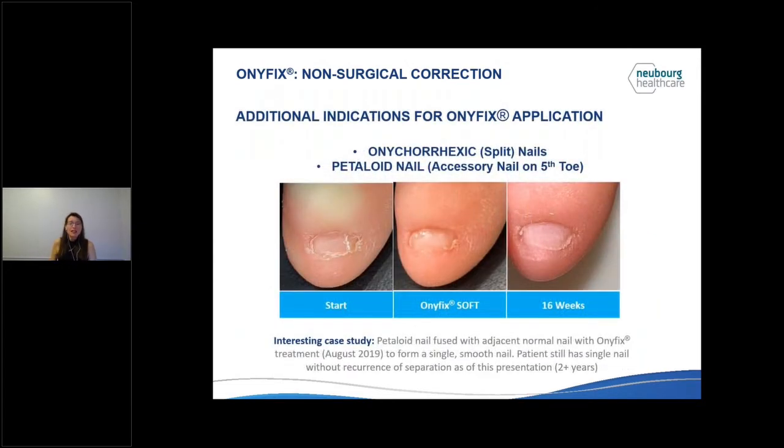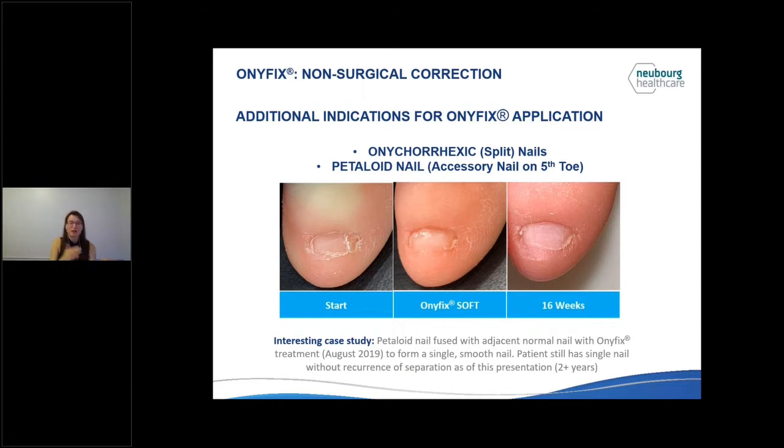So continuing on here, another great non-surgical use, albeit rare, but always nice to be able to share experiences and case studies with our network of colleagues. We've got pedaloid nails, and we would have the same sort of application here as for onycholytic or vertical split nails.